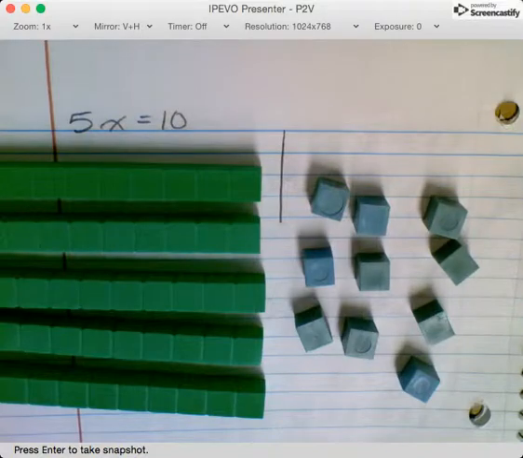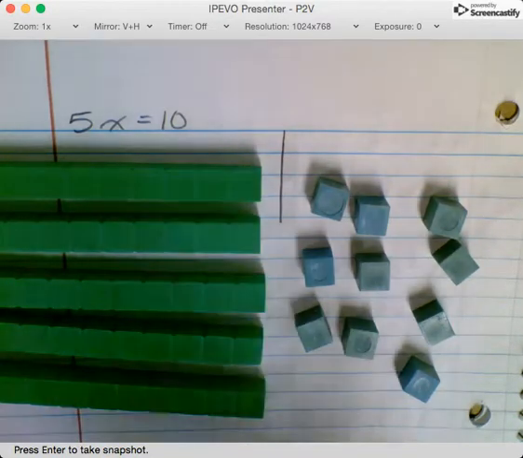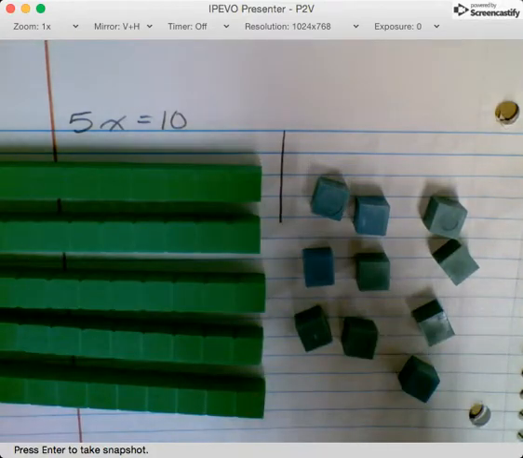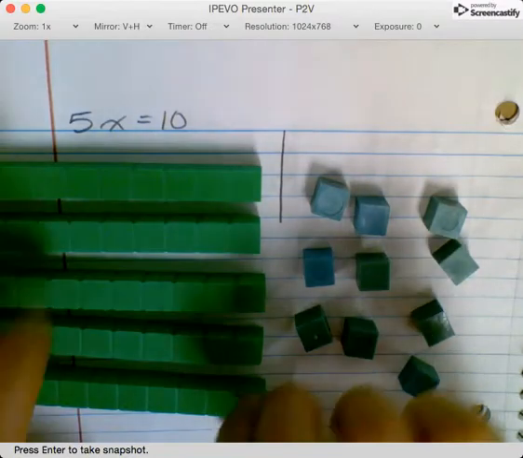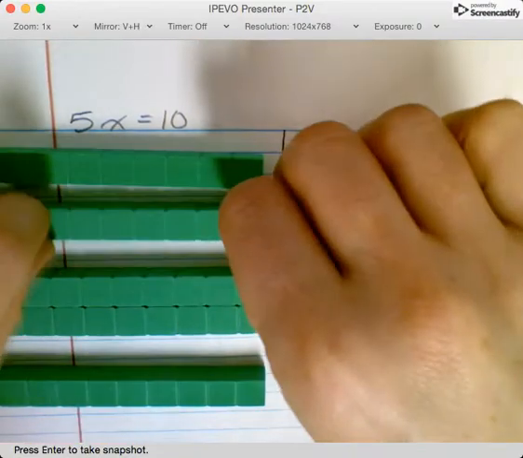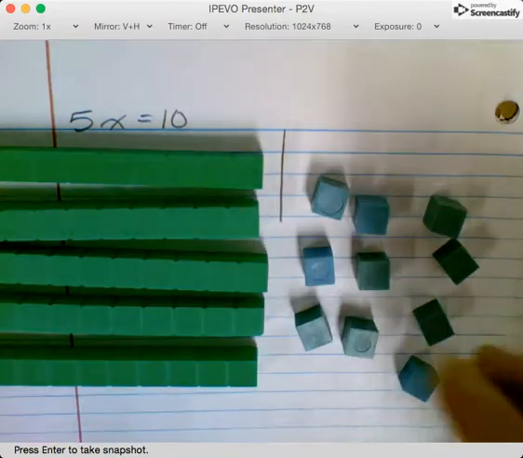Now on this one, if we remember how multiplication and division works, we know that multiplication is groups of values. So instead of taking out to cancel out, this time we're going to match up. If I have 5 of these on this side, I want to have 5 groups on the other side.